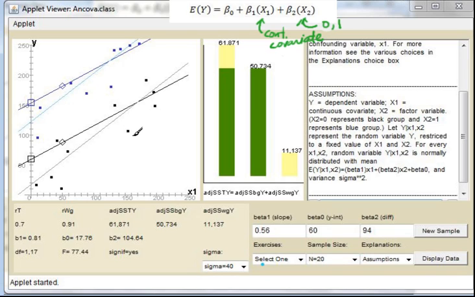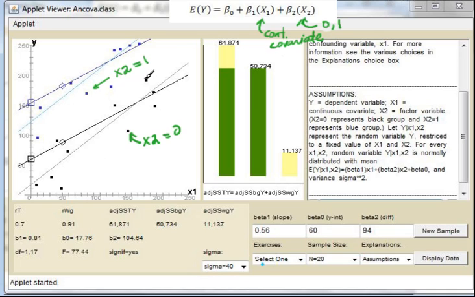The black points are the x2 equals 0 group, and the blue are the x2 equals 1. And notice that the sample points have an upward trend, which is a reflection of the dependence on x1.